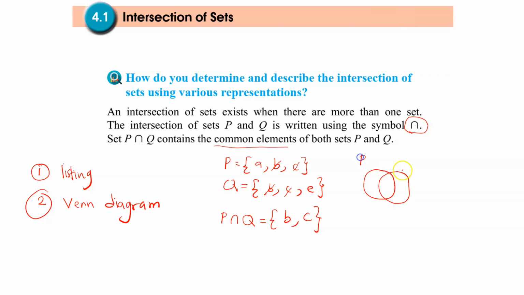So, this is set P, set Q, both have B and C. P has A and Q has E. It means A is only for P, E is only for Q, and they both share element B and element C.